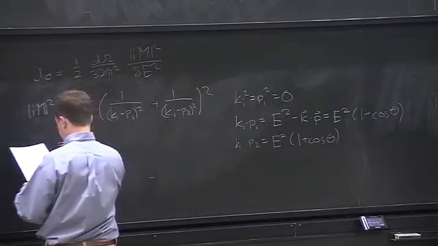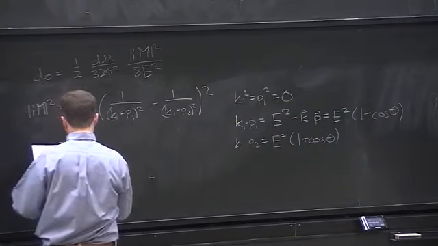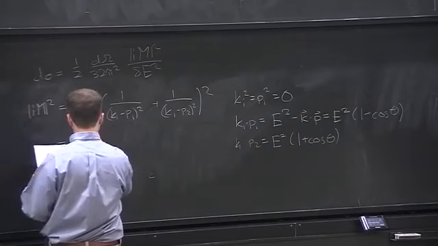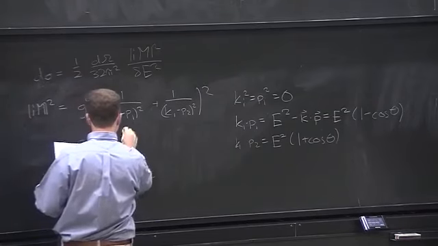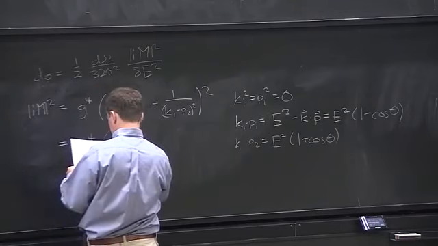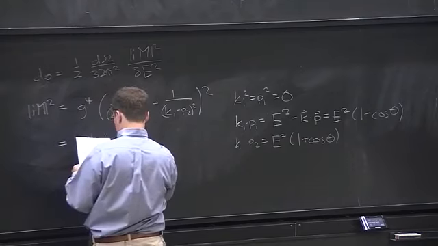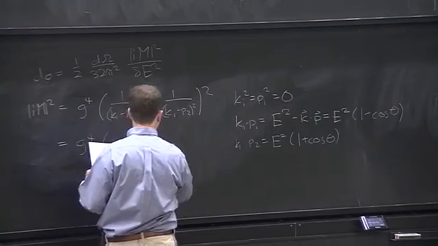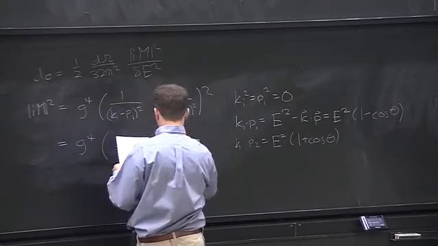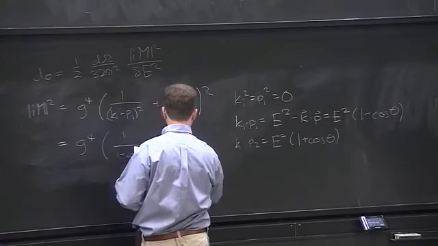And what we get here then is g to the 4th, 1 over 1 minus cosine theta plus 1 over 1 plus cosine theta.